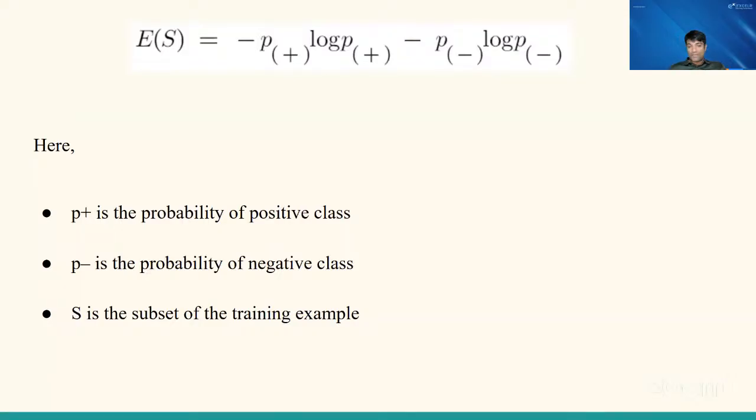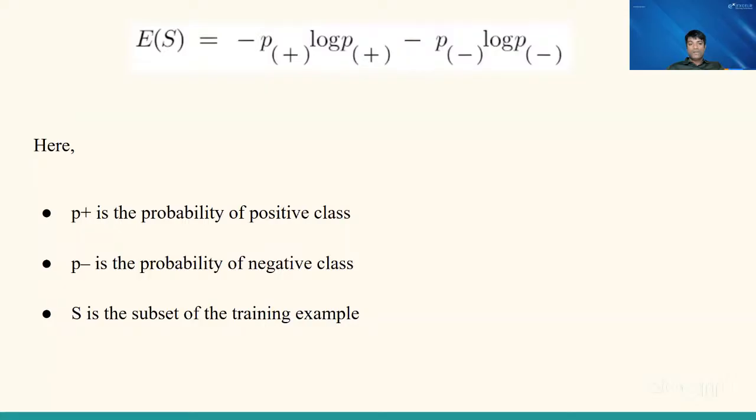The formula is minus p log p. That's it. Because both are log p terms, we can write it as minus p1 log p1 minus p2 log p2. If it's a binary case, you can take the minus logarithm of the positive cases and the logarithm of the negative cases.